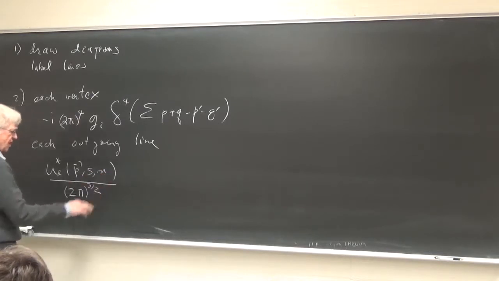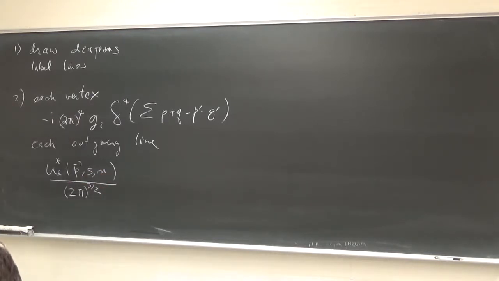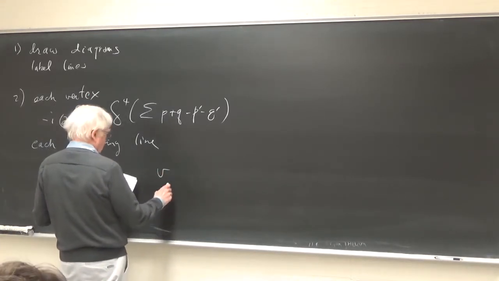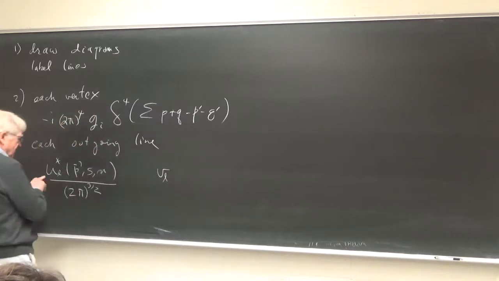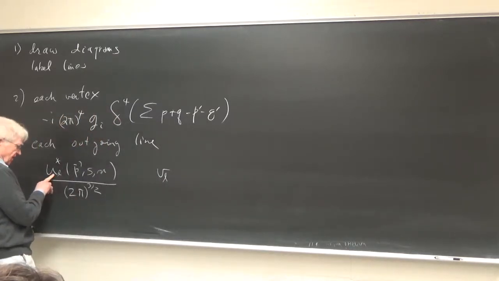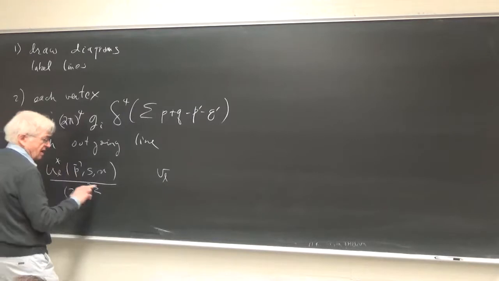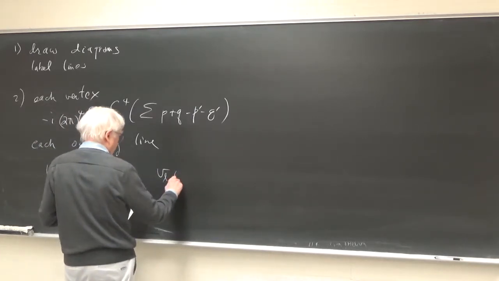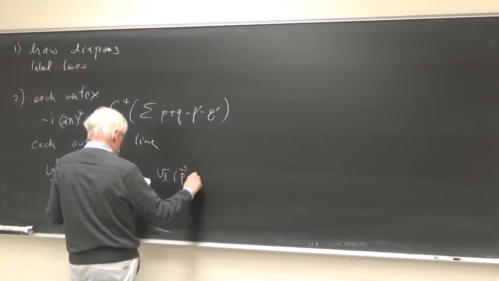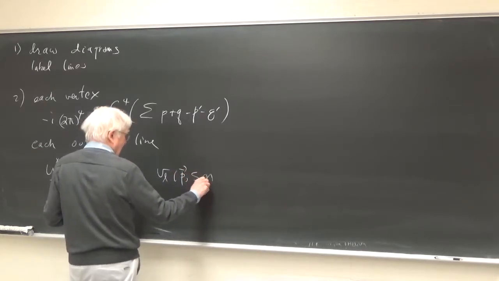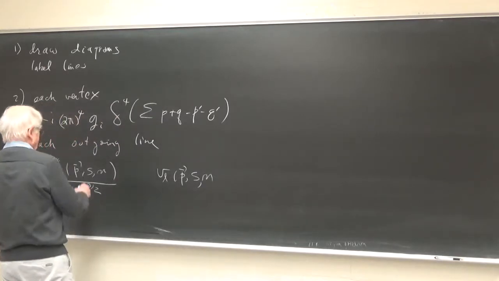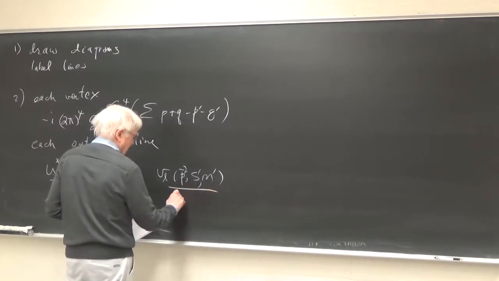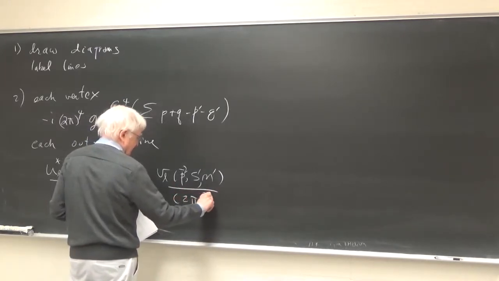So this might be electron or up quark, red up quark, or something like that. For an outgoing fermion or particle, you get a star. For an outgoing antiparticle, no star, and you get v rather than u. And because they're outgoing, they typically have primes on them. And again, 2 pi to the 3/2.